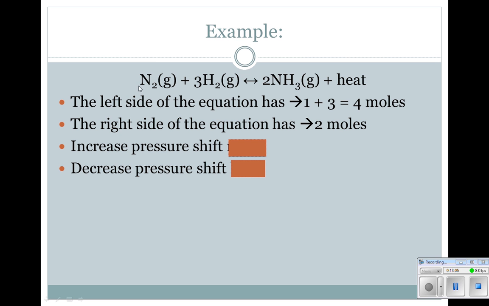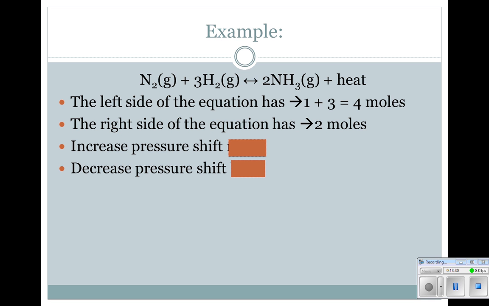So on my total reactant side, I have a total of 1 plus 3 moles, which is a total of 4 moles. In my product side, I have 2 moles of ammonia, and that's my only product. Heat is a product, but it's not a substance, so it doesn't involve moles. So 4 moles to 2 moles. Now let's think about this pressure thing.